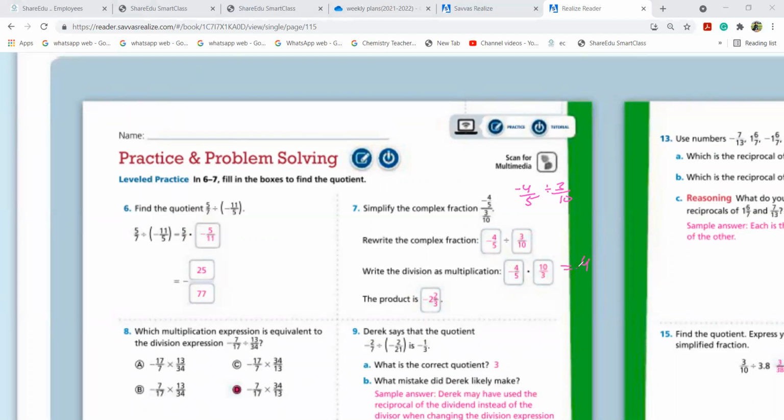You get 40 over 15, right? And you have to do the division. So you get 2 10 over 15. And you simplify, 5 twos and 5 threes. So you get 2 2 over 3.